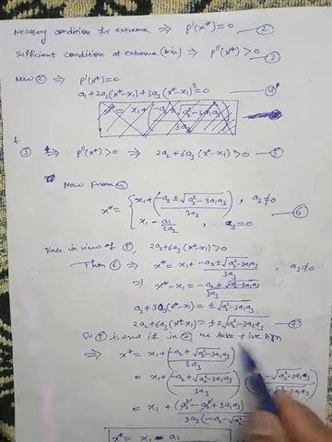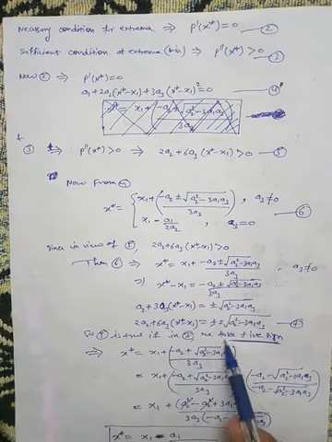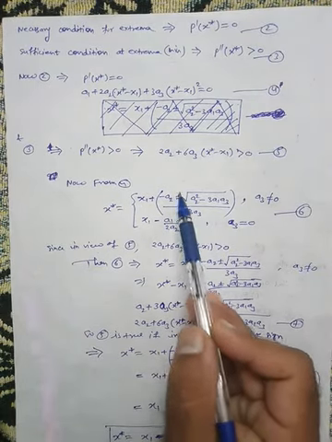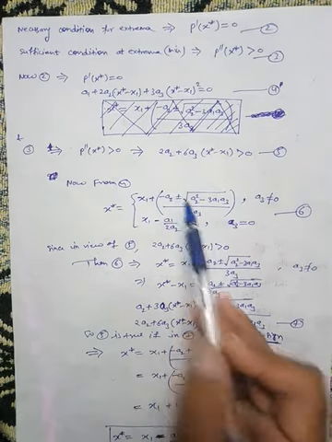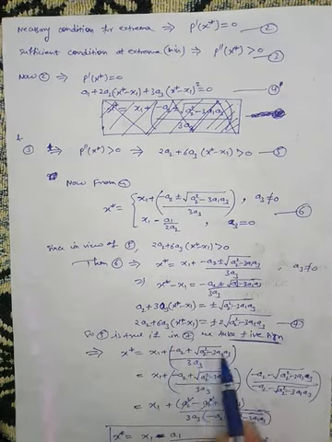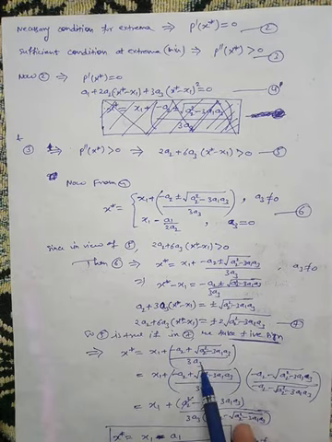So in place of plus minus, just take the positive sign. So x star will be x1 plus, minus a2 plus square root of a2 square minus 3a1 a3, divided by 3a3.